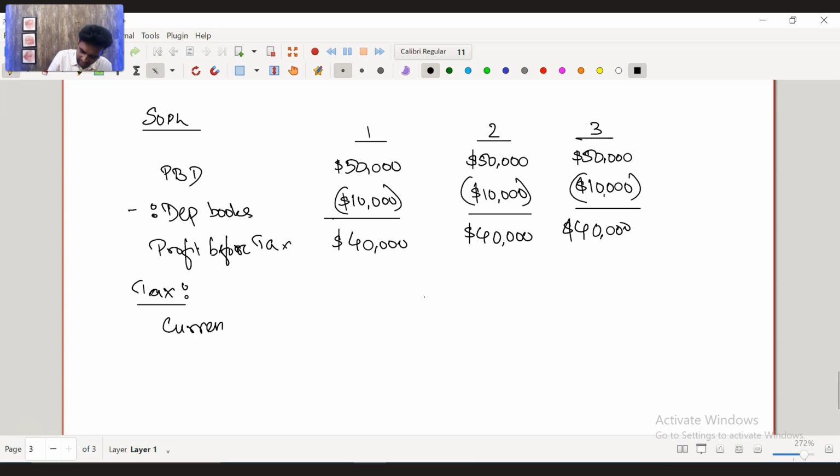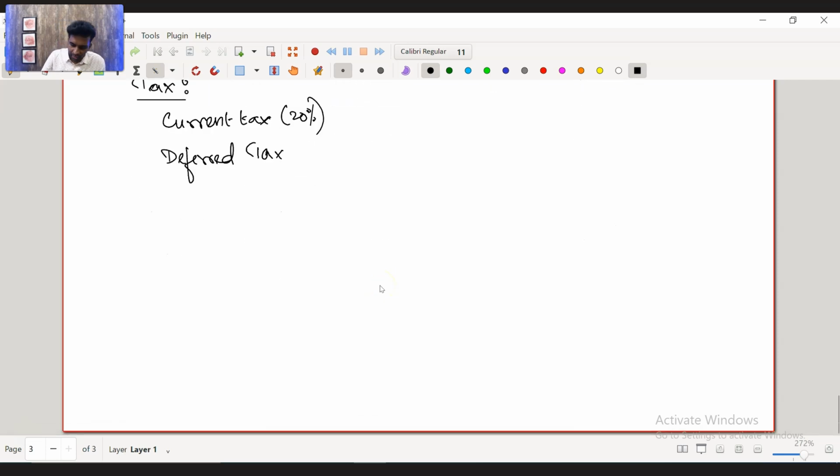Current tax is calculated as a percentage on your profit. Now, do you take 40,000 and multiply by 20% and show that as your tax expense? No. Whatever you need to calculate as your tax, you will calculate it as close to the taxation authorities' calculation as possible. So you will create a separate tax calculation for your current tax for year 1, year 2 and year 3.